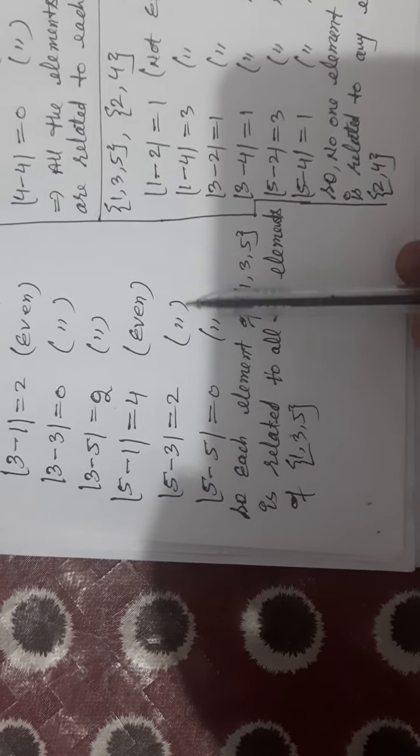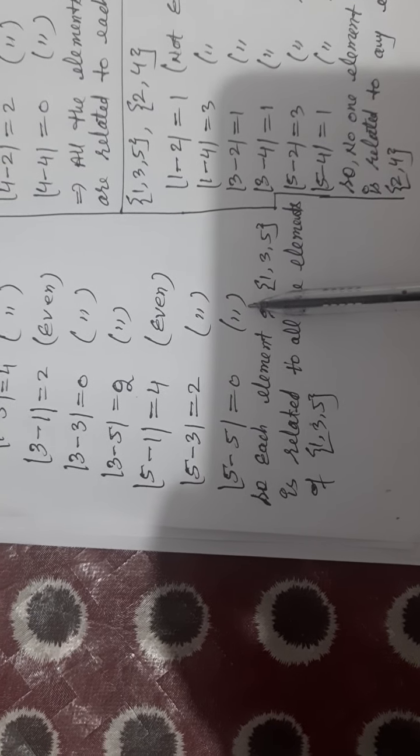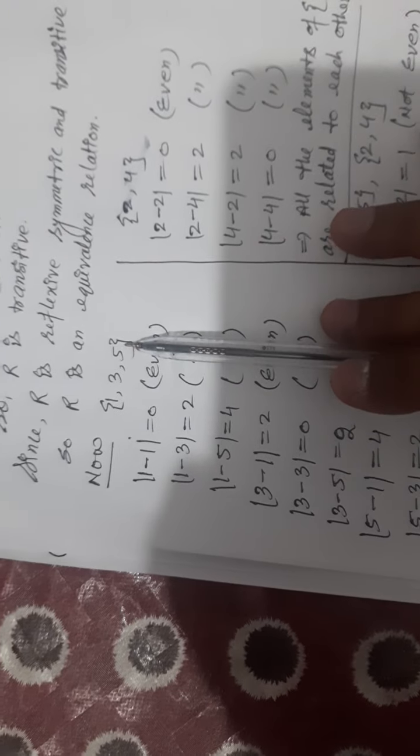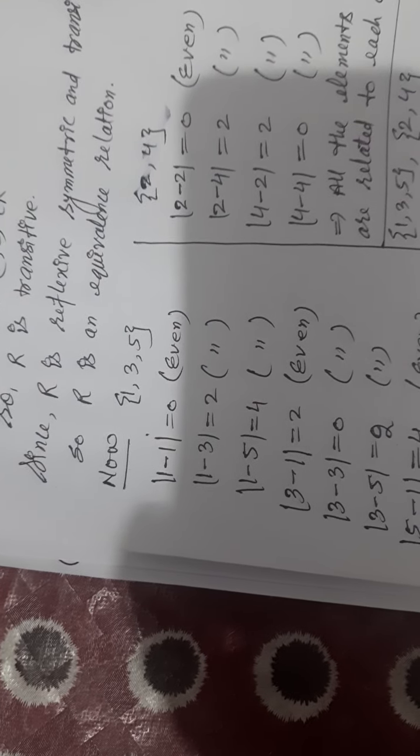Again 5, 1: 5 minus 1 is 4, even. 5, 3: 5 minus 3 is 2, even. 5, 5: 5 minus 5 is 0, even. So every element of the set {1, 3, 5} is related to each element of the set, including itself. Clear?